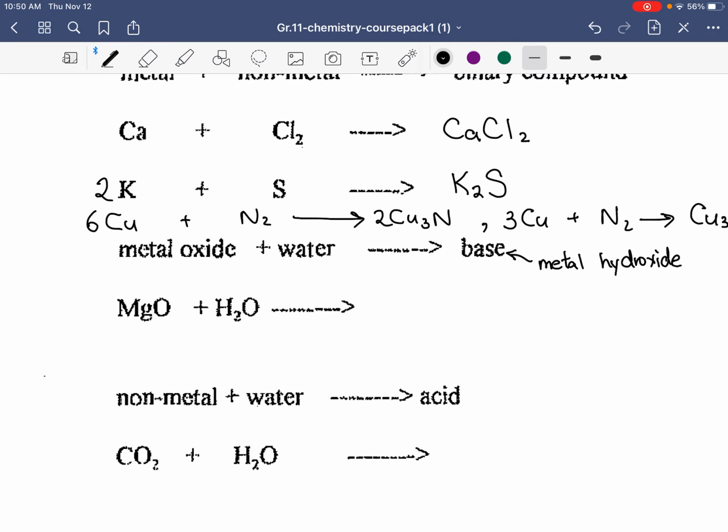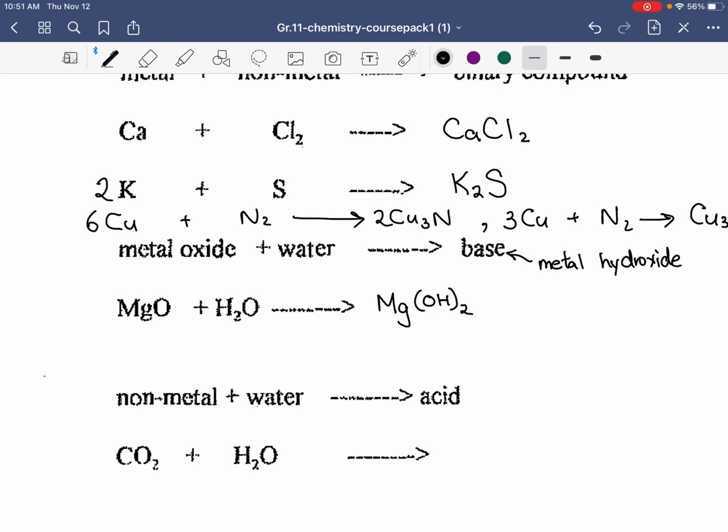That's pretty obvious in this case, because the only metal you see in town is magnesium. You don't see any other metal, do you? I hope you don't. So magnesium oxide reacting with water will give you magnesium hydroxide.